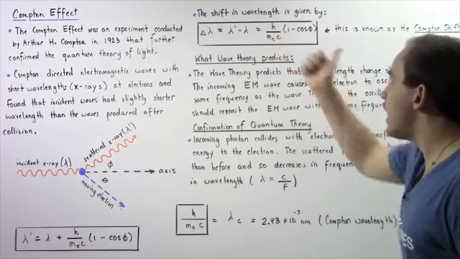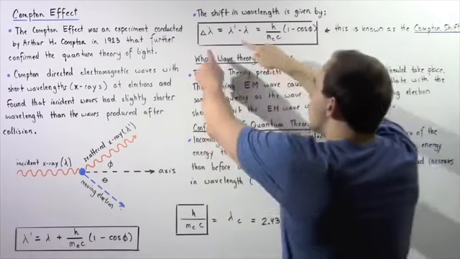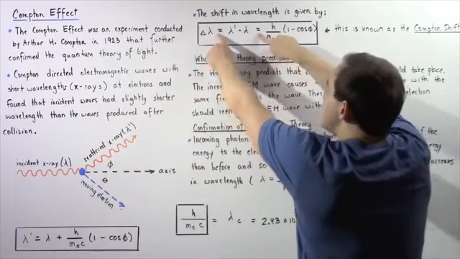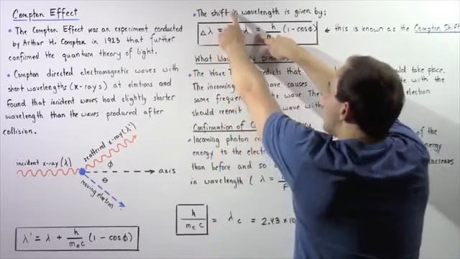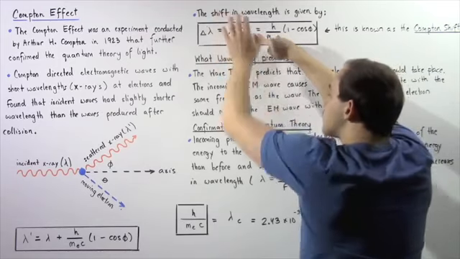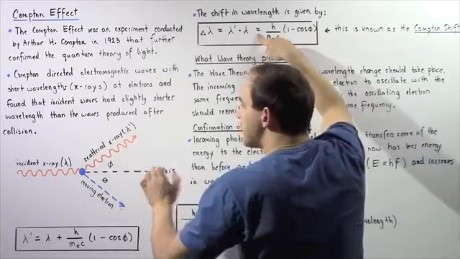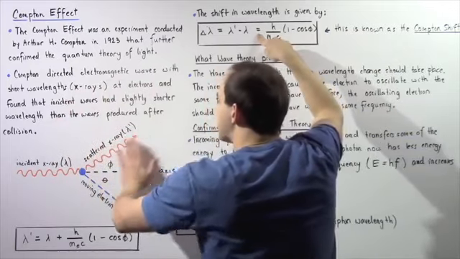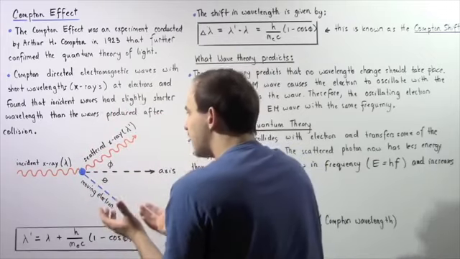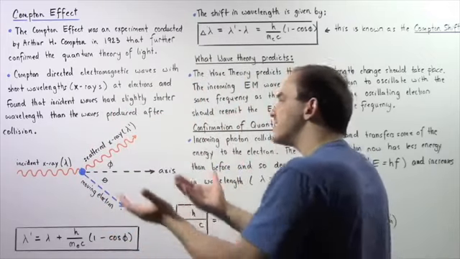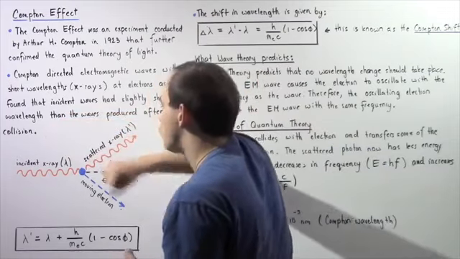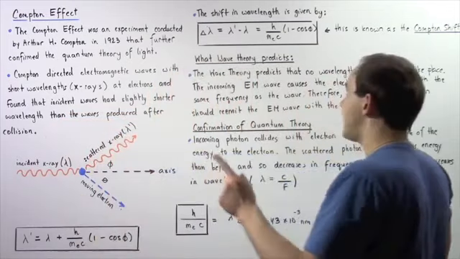Now, using this equation, we can also determine a quantity that became known as the Compton shift. The change in wavelength when this takes place is simply given by lambda prime minus lambda. We place the lambda prime first because that represents the larger wavelength quantity. Remember, when the collision takes place, the wavelength of the scattered X-ray is increased compared to the initial wavelength of the incident X-ray.